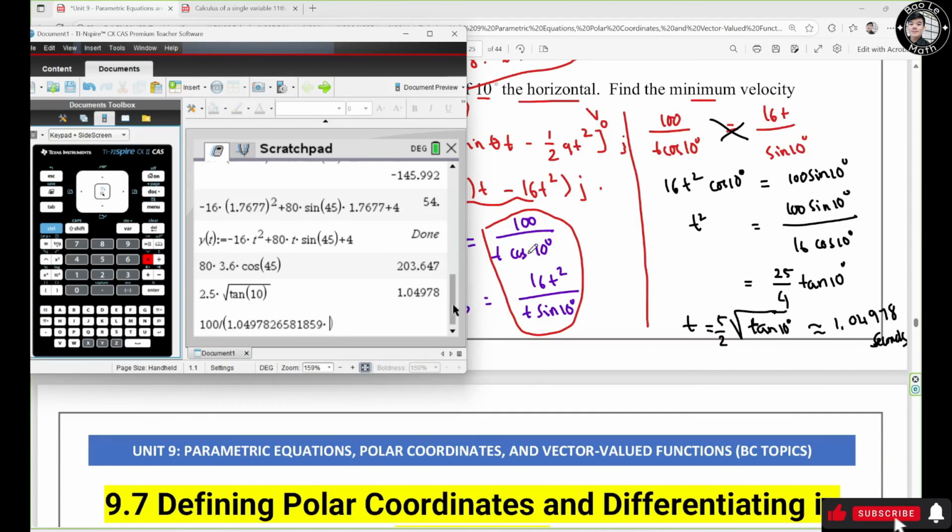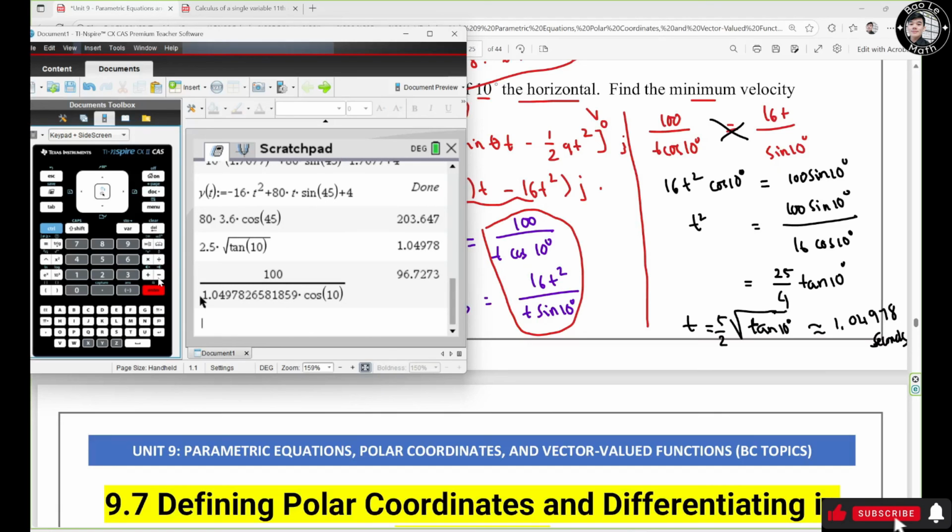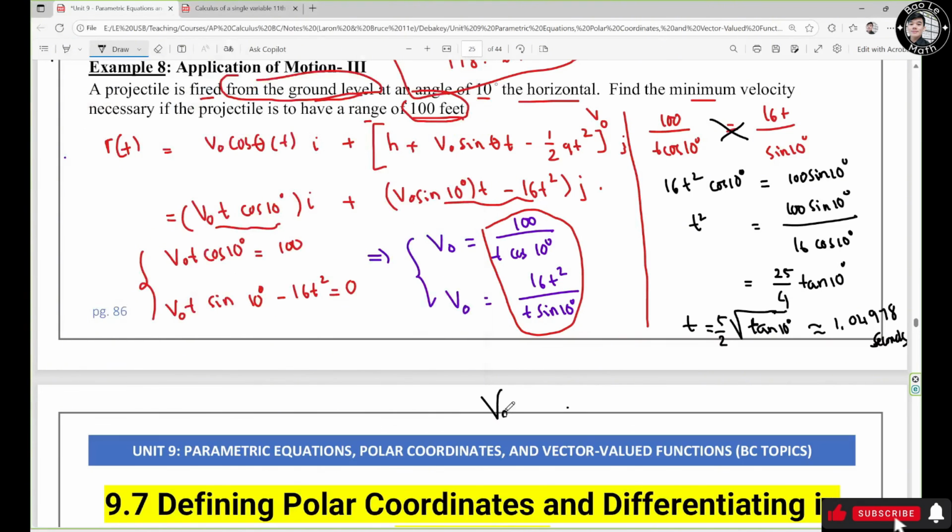Times cosine 10 degree. Then you're gonna press enter. The answer is 96.7273 feet per second. And it's your time to start.